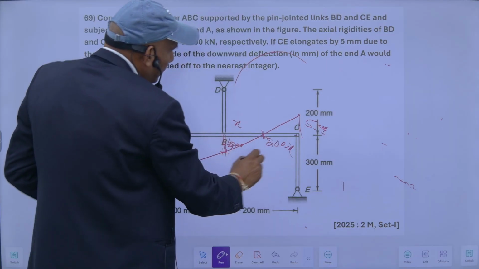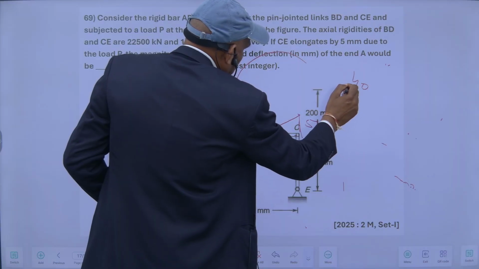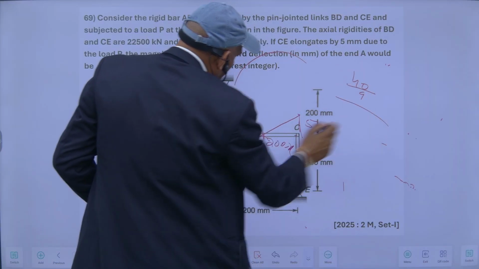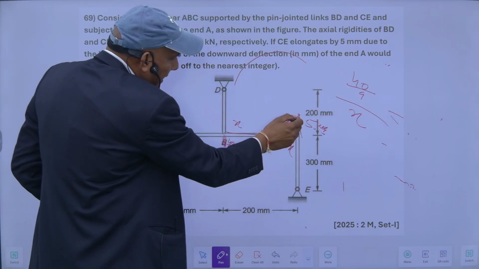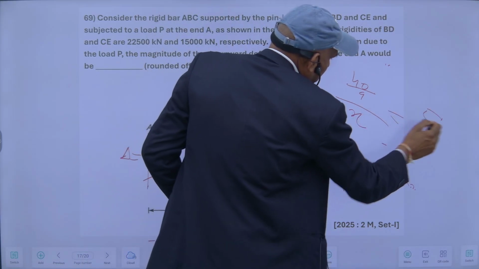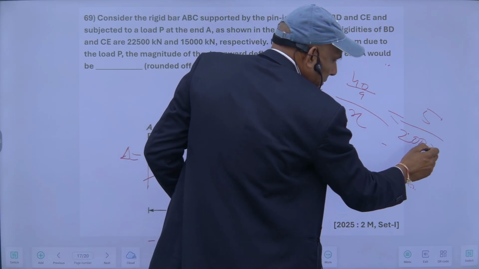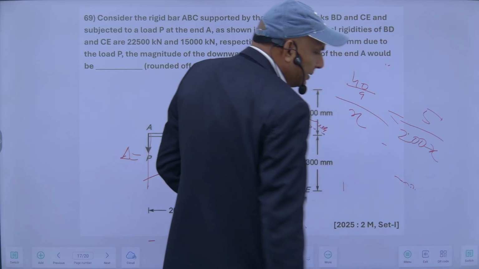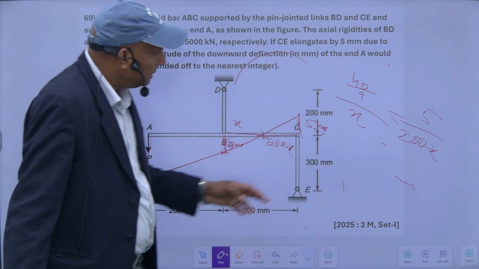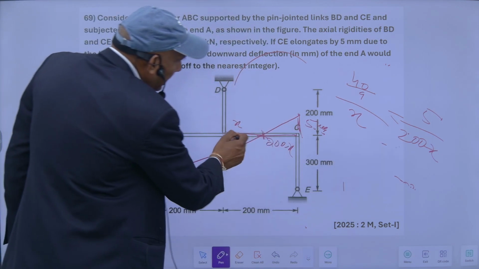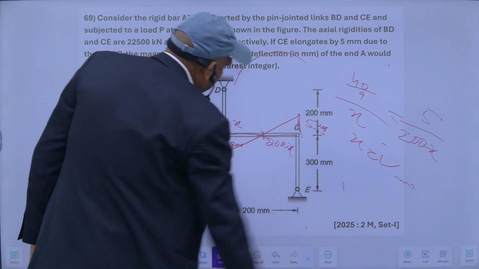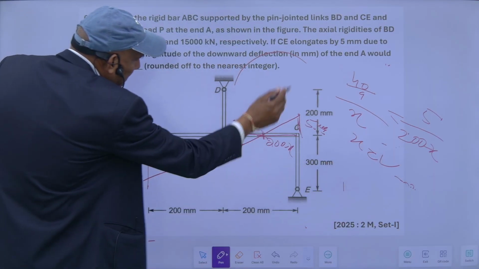So this 40 upon 9 divided by this length is equal to this 5 mm on this length. With this we can calculate the value of x, and once the value of x is known, I can put the value of x here.